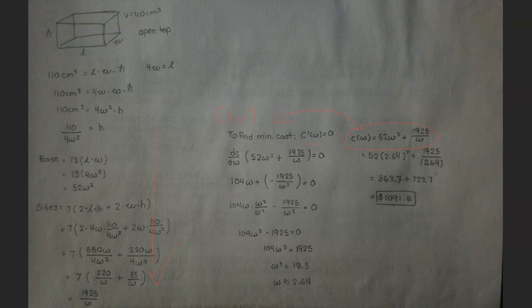So she formed a cost function, then found its minimum value. Because this is a quadratic function, right? In W squared, the coefficient of W squared is 52, positive. So we have an upward parabola. An upward parabola will have a minimum. The vertex is the minimum. So basically we want to find this point.